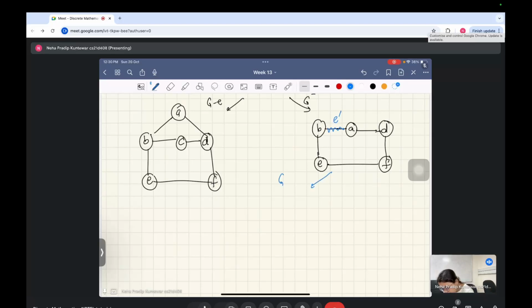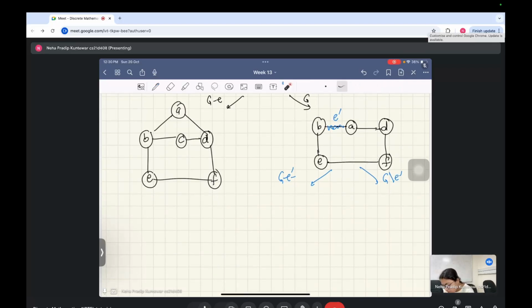So what is G minus E prime, and what is G contracted with E prime? By deleting this edge, we are simply deleting this, so what you get is a path like this: B, E, F, D, A. This is the path, and if you contract it, then what you get is B, D, E, F.